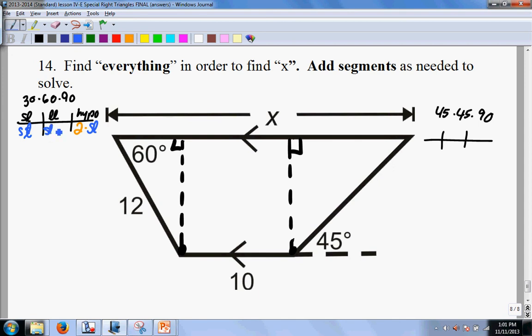The long leg is whatever the short leg is times the square root of 3. That's your 30, 60, 90 table. In a 45, 45, 90, the legs are equal, and the hypo is whatever the leg is times the root 2. Root 2, not 2.